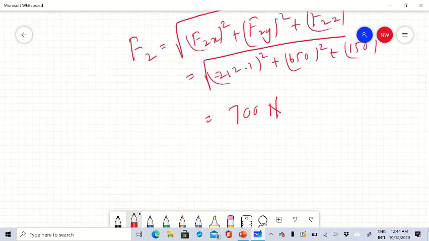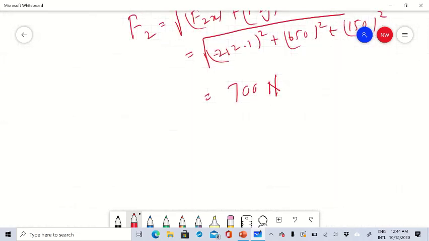So the magnitude, then we can find the direction, coordinate direction angles, right? So cos alpha, or the angle between the tail of the vector and positive x direction, cos alpha is equal to ax by a, right?